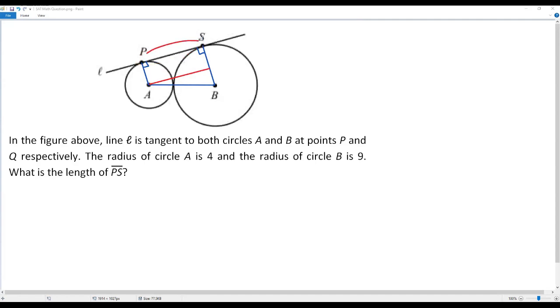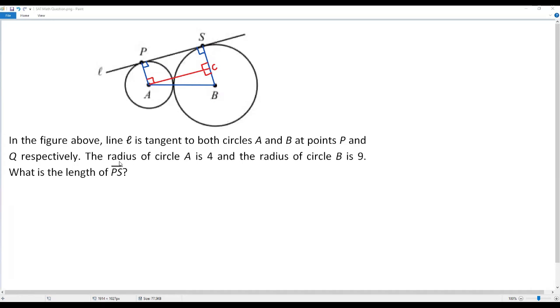Already we know that PS is perpendicular to the radius of both the circles. Since PS is perpendicular to the radius of both the circles, the red color line segment I have drawn, which is parallel to PS, also must be perpendicular to the radius of both the circles. Then we'll have right angle over here and right angle over here. On this side also we'll have right angle, and let me mark this point C.